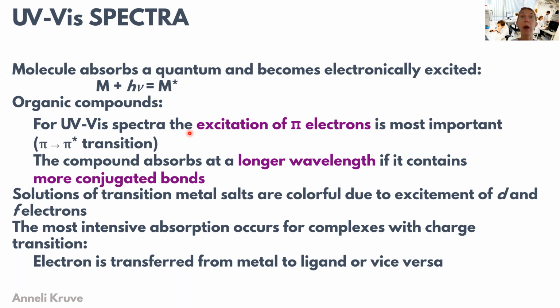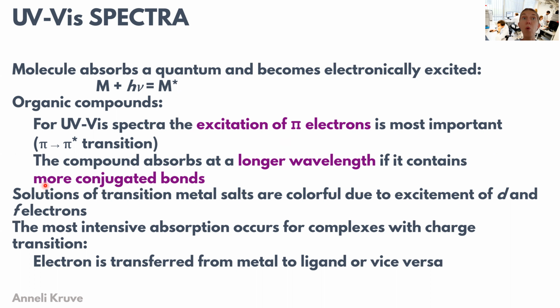One important parameter here is that pi electrons are very important because pi electrons usually have lower energy in the excited state. So the more pi electrons are present, the more likely it is that we obtain absorption of the molecules in the ultraviolet visible range.